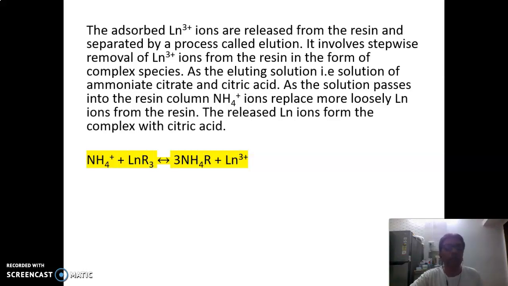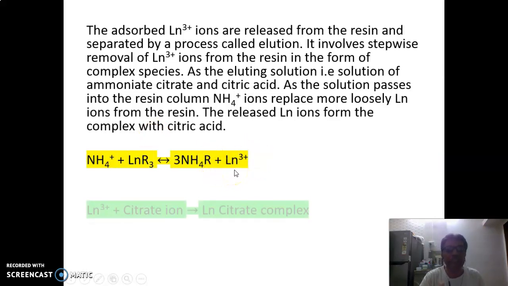Now for the proper separation of the lanthanon ions, when we add the eluting solution, that is the solution of ammonium citrate and citric acid, as the solution passes into the resin column, the ammonium ion replaces the loosely held lanthanon ion from the resin first. So lutetium tripositive ion, the loosely held lanthanon ion, is replaced first. It is released first.